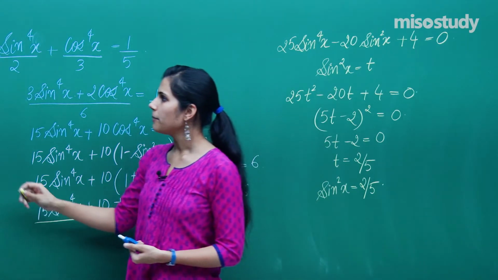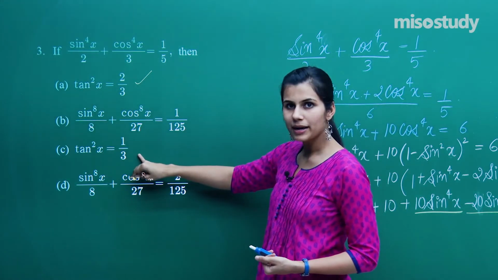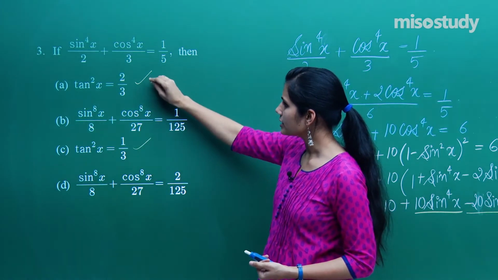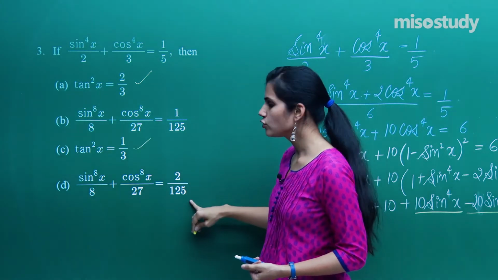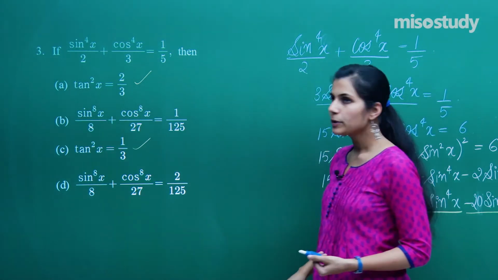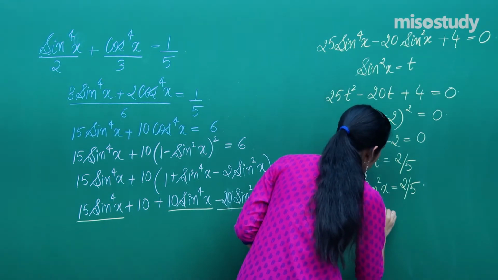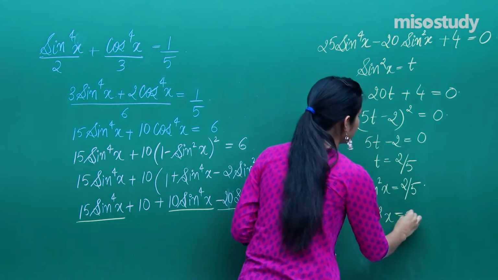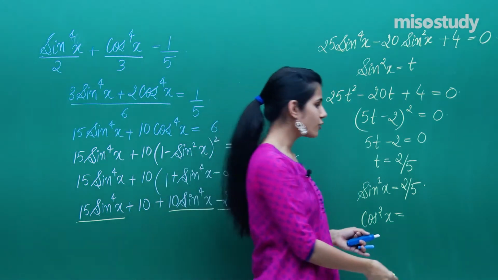The question is, compute the value of tan square x. Is it 2 by 3 or is it 1 by 3? Is this or this? And then compute the value of this expression. Is it 1 by 125 or 2 by 125? So let's compute tan square x. I have sine square x. What will be cos square x? Sine square x plus cos square x is 1. So 1 minus sine square x is cos square x.